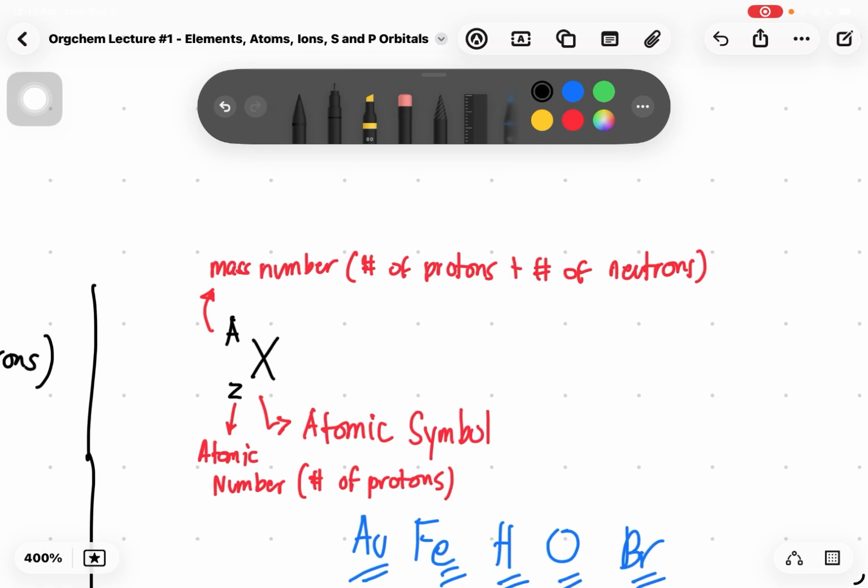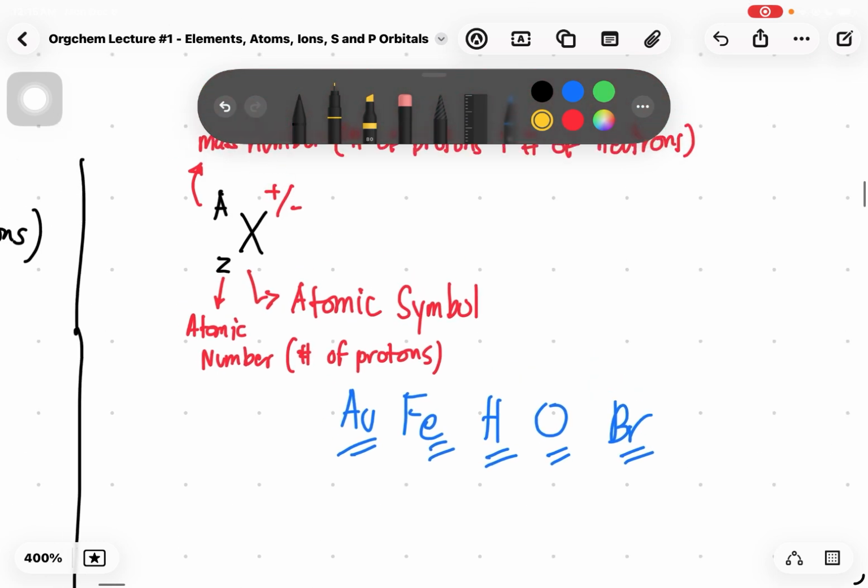But there's also one part that we don't normally include in atoms unless the atom is charged, and that's the charge. It can be plus or minus, depending if it's a cation or an anion.